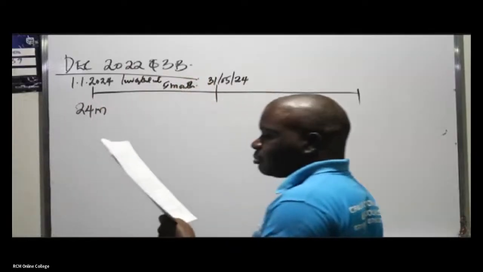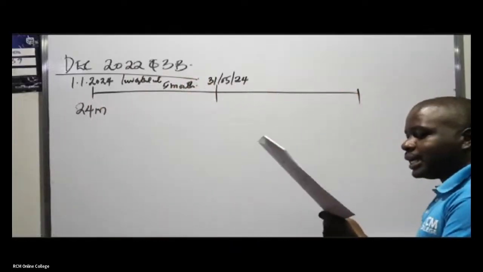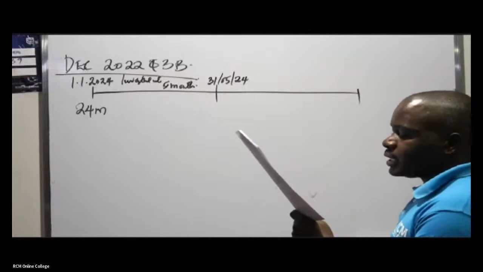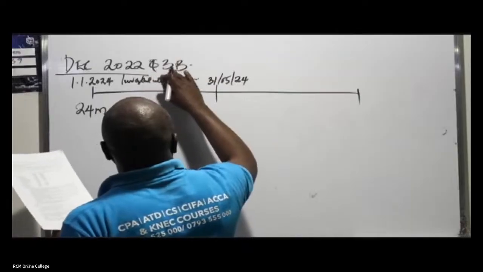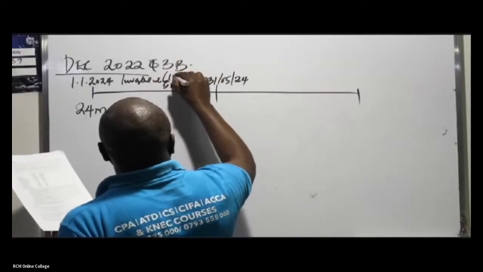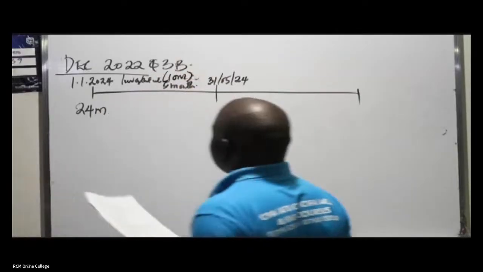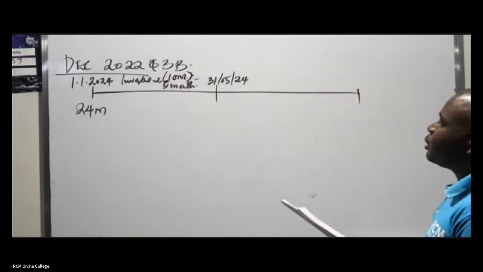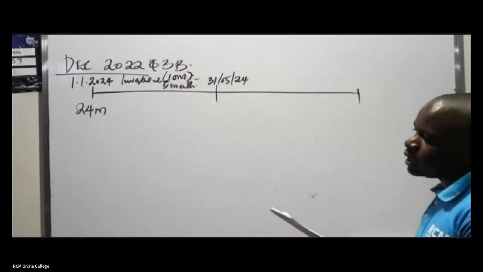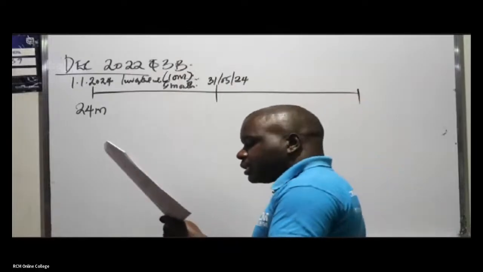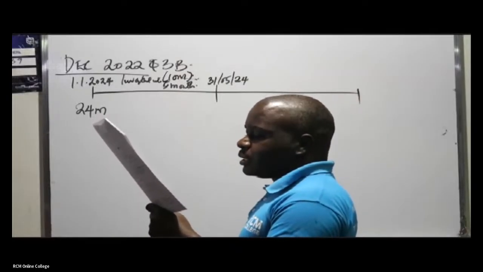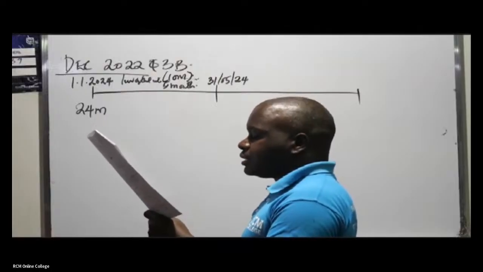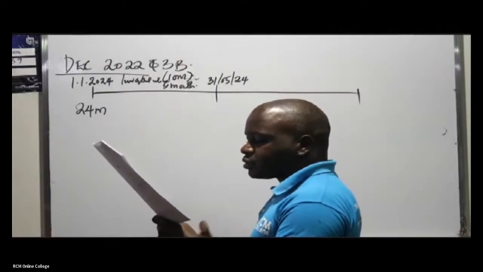How much did they invest? 10 million. When you continue the statement, it says, as the funds were not all required immediately, Sayari Limited invested 10 million in 6% bonds until 31st of May.